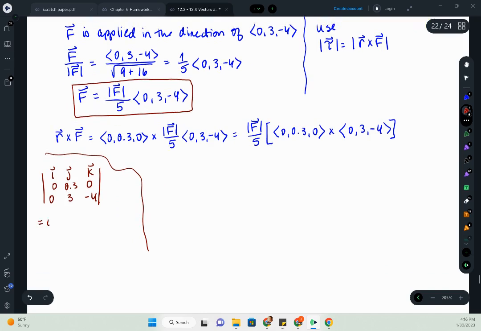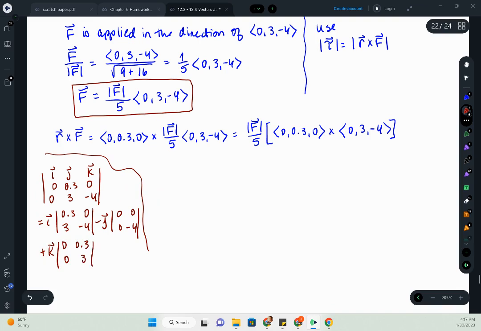This is equal to i hat times the determinant with 0.3, 0, 3, negative 4, minus j hat times the determinant with 0, 0, 0, negative 4, plus k hat, which has a determinant with 0, 0.3, 0, and 3.